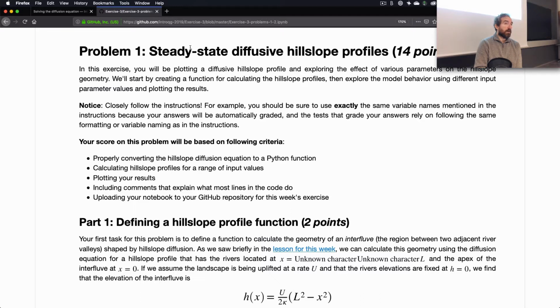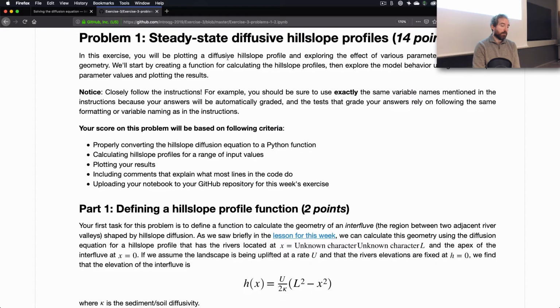It's steady state, so we're not going to worry about time. We could include time, but then we've got to introduce things like the error function, which makes our equations a little bit more complicated. So we won't worry about that for right now. So we'll do steady state hillslopes undergoing diffusion process.